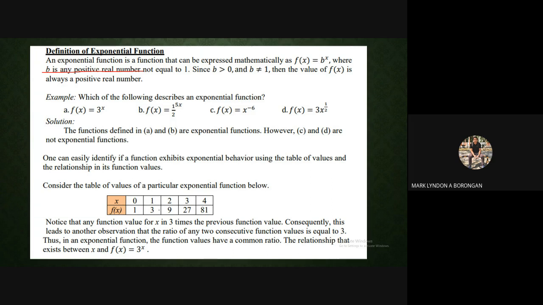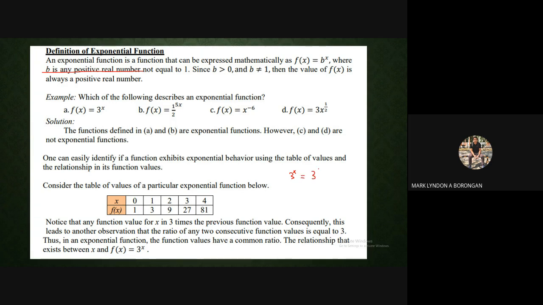So, the common ratio is 3. The relationship that exists between x and f of x is f of x is equal to 3 to the power of x. So, 3 to the power of x is our function.